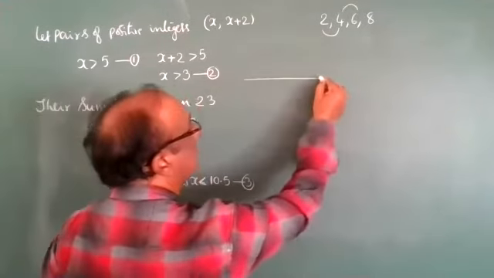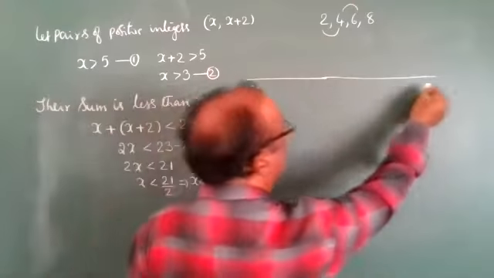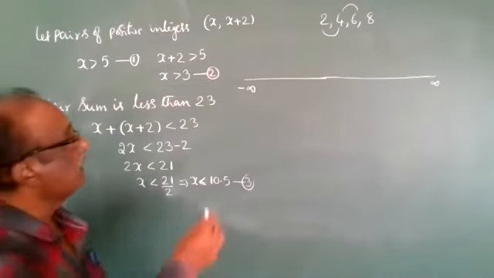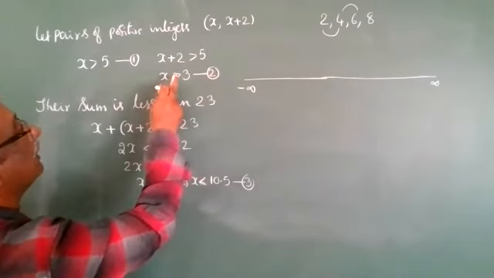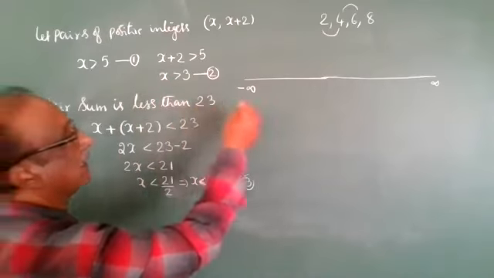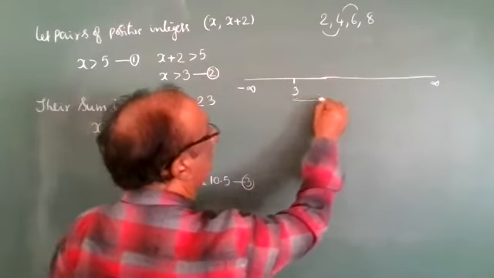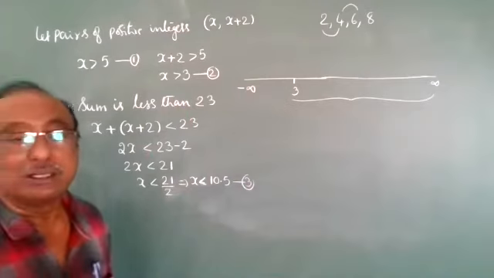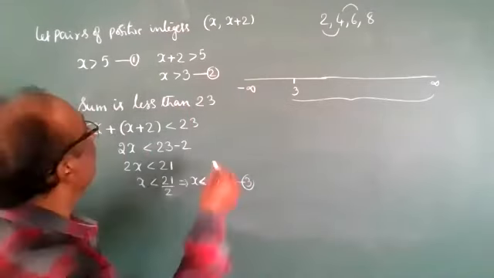Now draw the line, minus infinity to plus infinity. First equation, greater than 3. Greater means increasing: 3, 4, 5, 6 up to infinity.